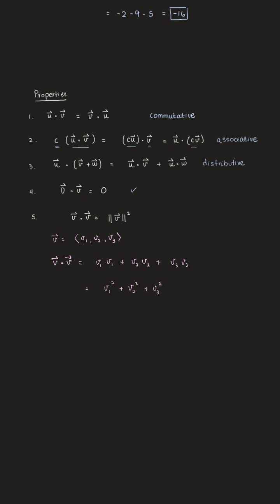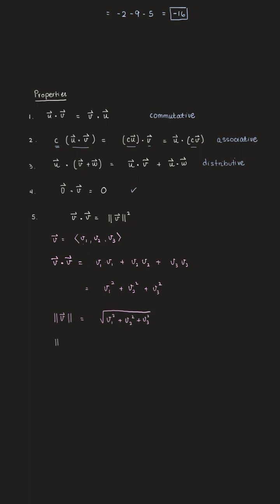Now recall that the magnitude of a vector v is the square root of v sub 1 squared plus v sub 2 squared plus v sub 3 squared, but we have a square root.